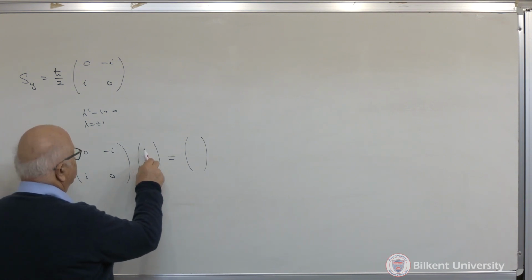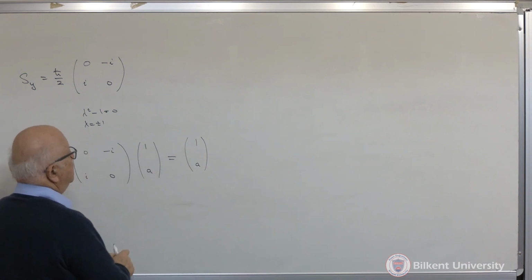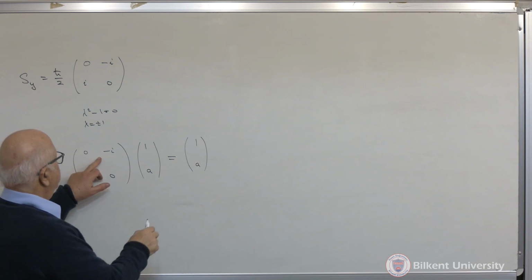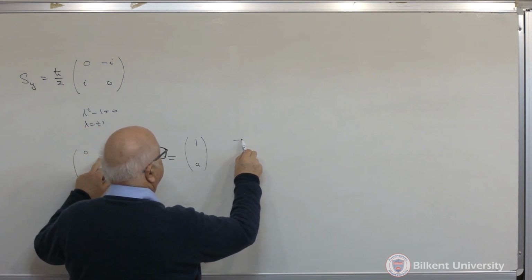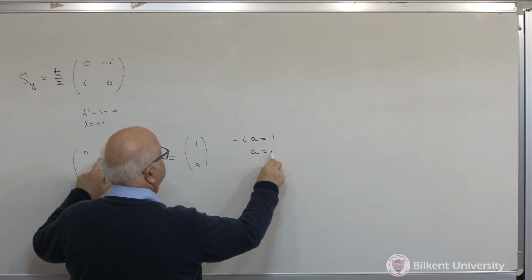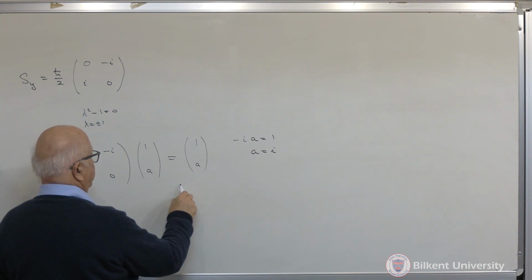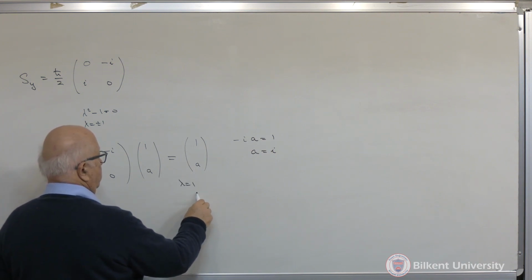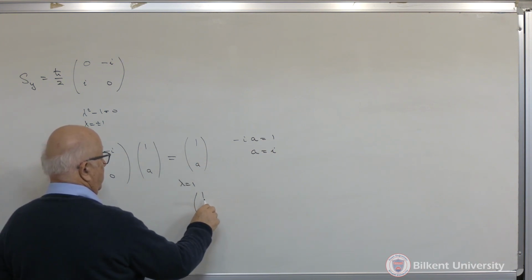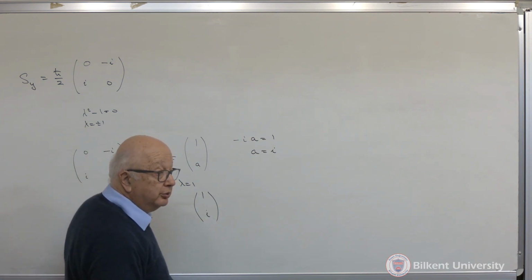The way I like to do it, if I'm not sure, is I put 1 and a here, 1 and a there. So this gives me what? Minus ia is equal to 1, or a is equal to i, right? So this corresponds to lambda equal to 1, which means that the eigenvector is 1 and i. And if I want to normalize it, what do?